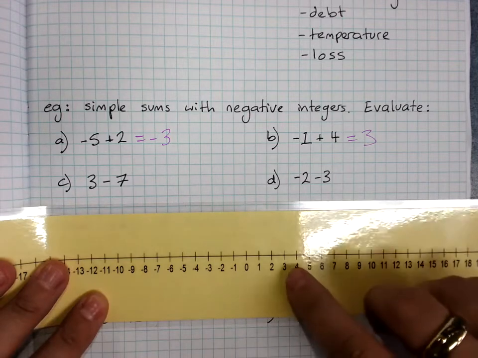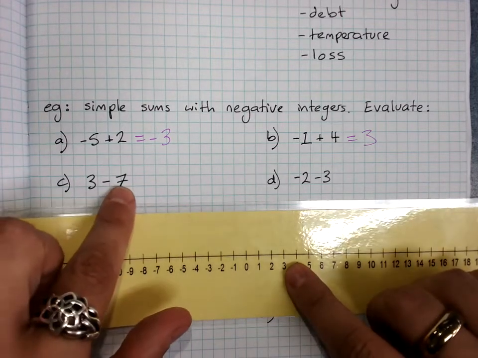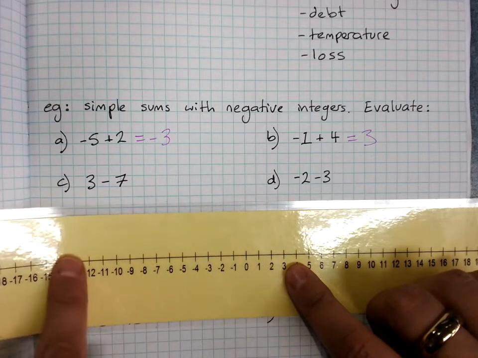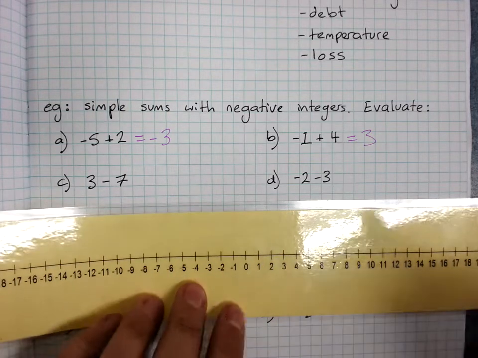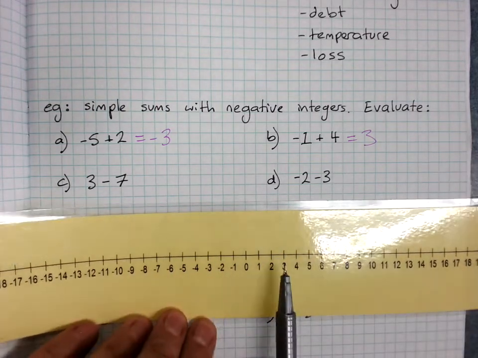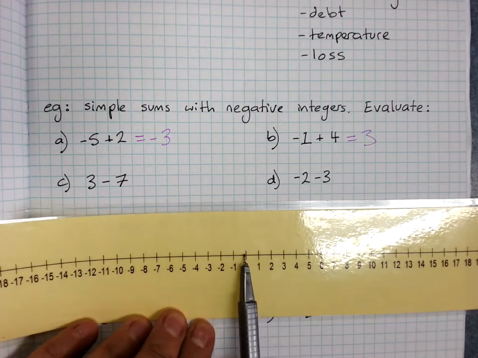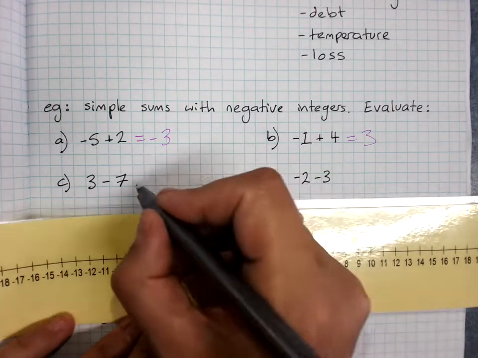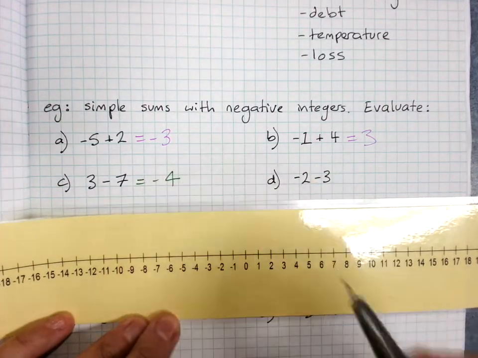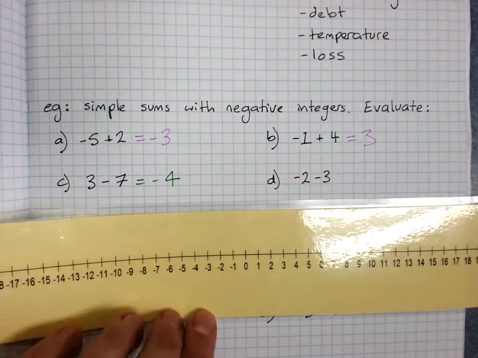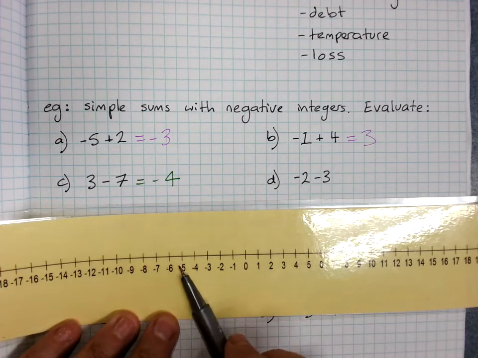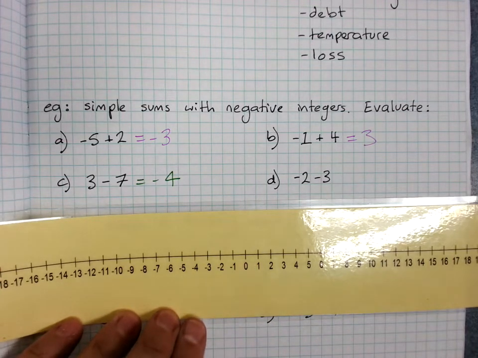Start at 3, negative 7, so 3 minus 7 means I'm going to go 7 in the negative direction: 1, 2, 3, 4, 5, 6, 7. This is negative 4. If you often go a bit off and accidentally end up at negative 5, you'll need to be a little more careful.